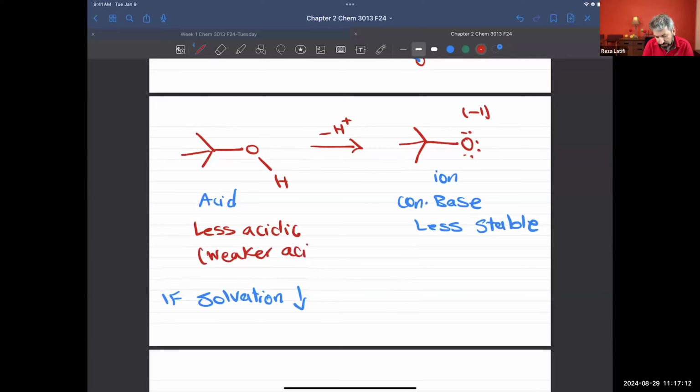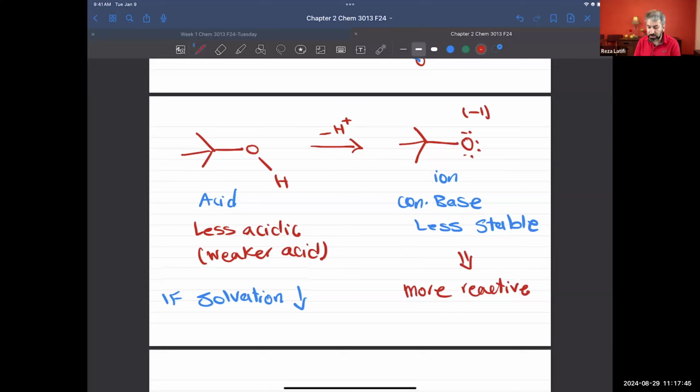Weaker acid. So less stabilization for the conjugate base means a weaker acid. I don't want to confuse you here, but later we will see that whenever the conjugate base is not that stable, it will be more reactive.